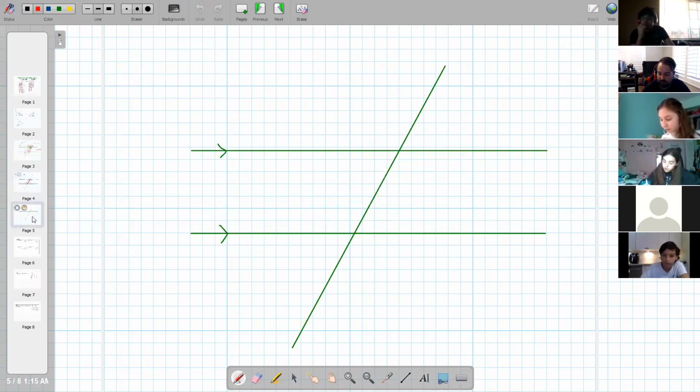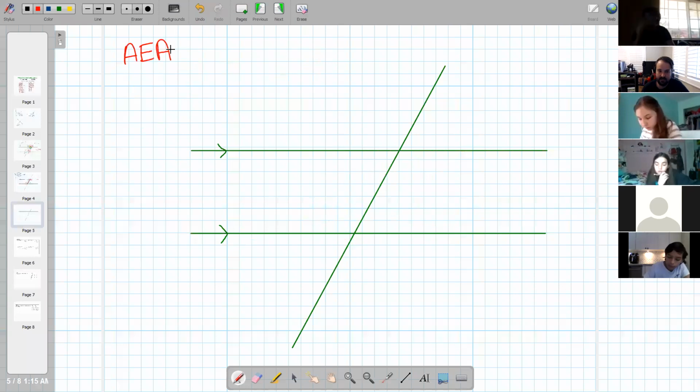The last new word we're going to learn today is AEA. Anyone think they might know what that stands for, AEA? Go ahead, Lewis, give it a try. Alternate exterior angles. Yep, alternate exterior angles, and these are exterior to the parallel lines.